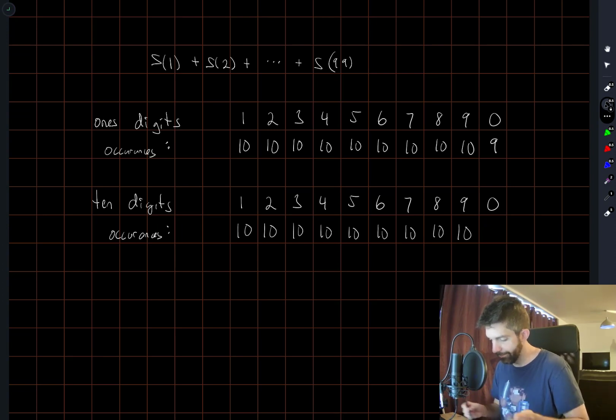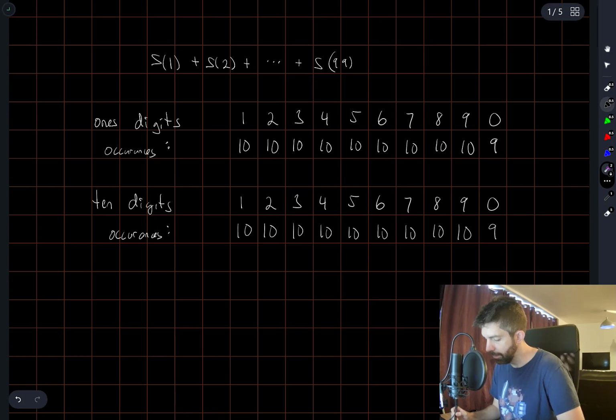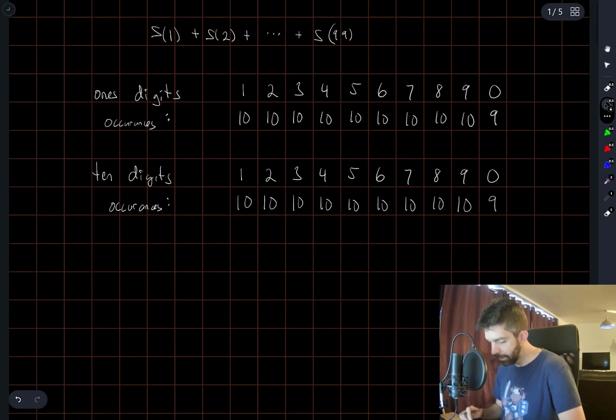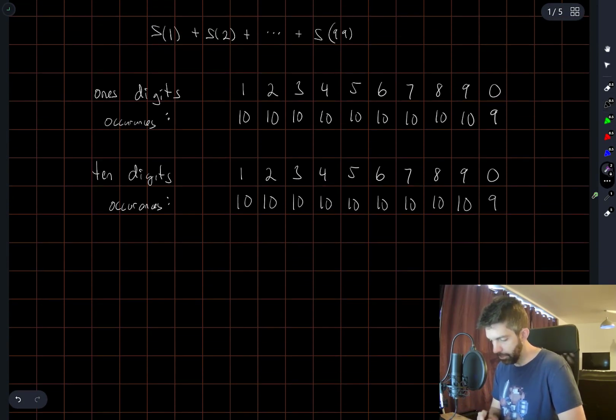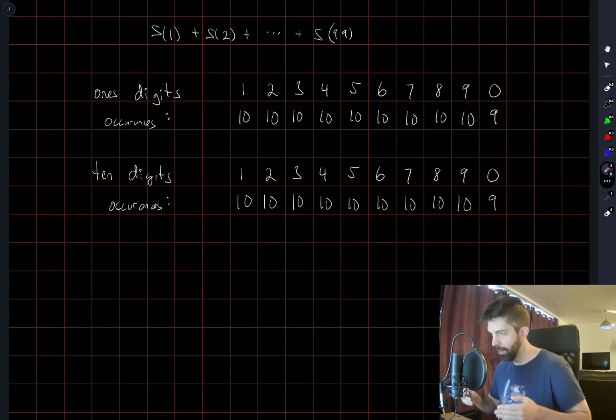The 0, I guess you could say it appears 9 times in this list, but it's not really going to matter because the 0 is not going to contribute anything to the sum. So we're really just writing out all the numbers from 1 to 99, but then adding up only the digits in those numbers.